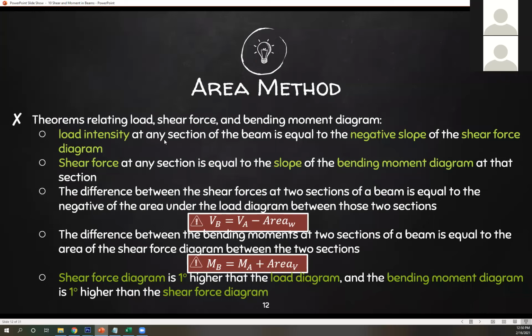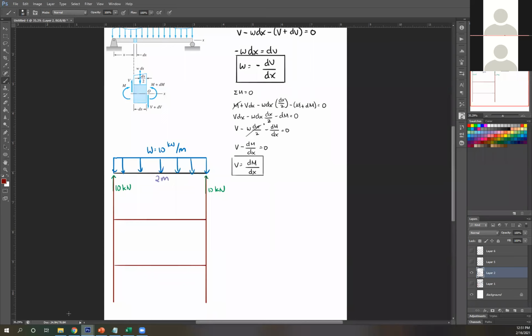So load intensity at any section of the beam is equal to the negative slope of the shear force diagram. So let's draw first our shear force diagram. I already taught you how to draw that, right? So we're going to start with left side usually. There's 10 kilonewtons upward, so go upward from 0 by 10. So this is now 10.